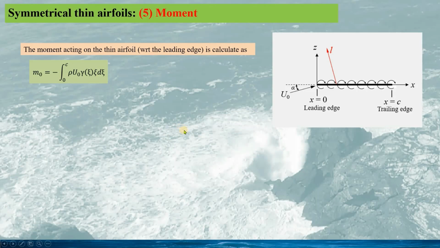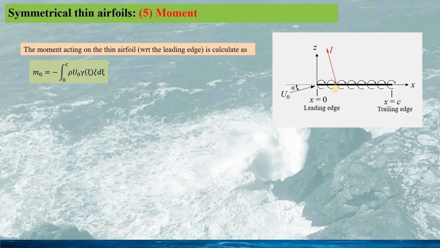In this slide, the aerodynamic moment on the thin airfoil with regard to the leading edge would be calculated as this. Here, m0 means the moment with regard to the leading edge, x equaling 0. And the negative sign means the moment is lowered down, which is in the opposite direction to the y-axis.